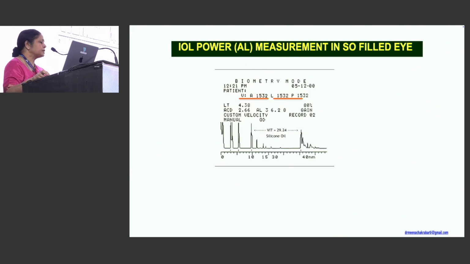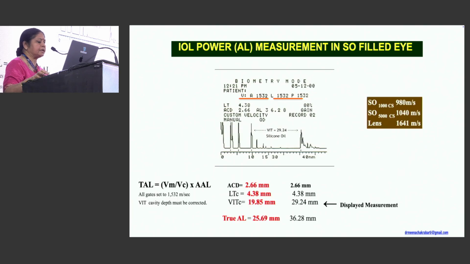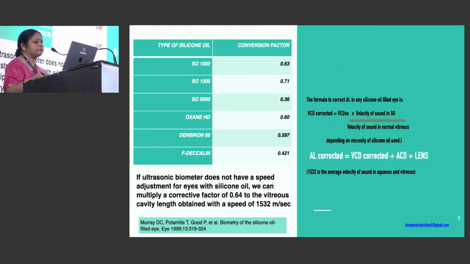If you have an ultrasound biometer which is not very advanced and you cannot set the velocity gate in the vitreous at a particular level, and there is a uniform velocity gate, the axial length you get is much larger than the true axial length. Then in this situation, depending upon the viscosity of the silicone oil that you've implanted in the eye, you can either convert into the true axial length by multiplying it with a conversion factor.